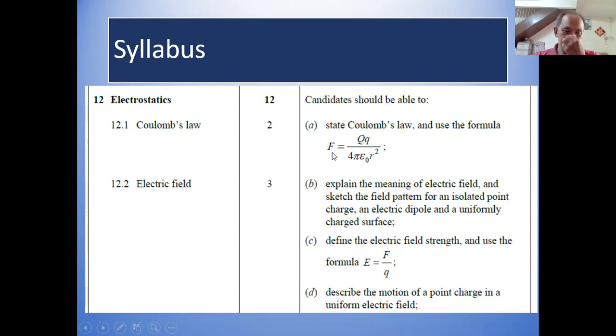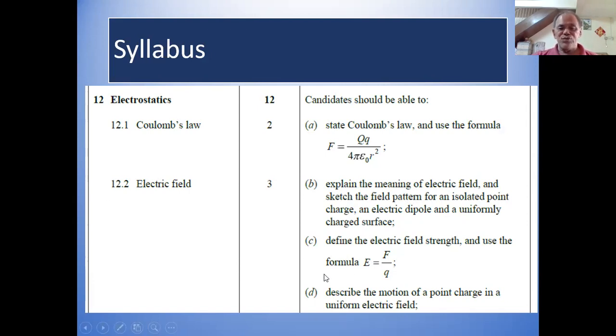They just want you to know the formula, and for electric field, the meaning of electric field, sketch the pattern for isolated point charge, electric dipole, that means positive and negative charge, uniformly charged surface. Right? So there is a bit blur.